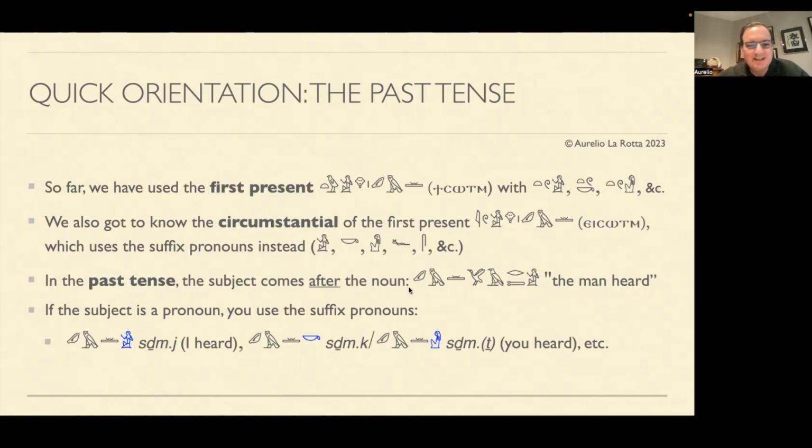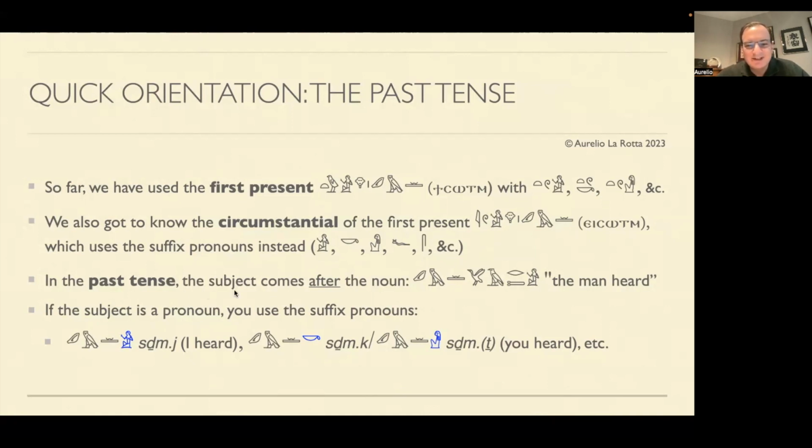This one uses the suffix pronouns instead. So instead of using tui, tuk, tut, etc., what happens here is you just use the suffix pronouns i, k, ch, f, s, etc. And you glue those after iw. So those are the two that we've gotten to know so far.